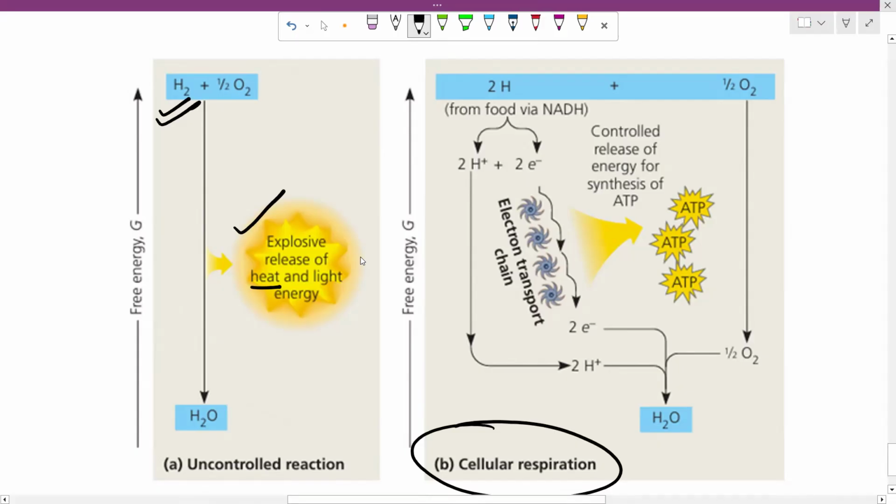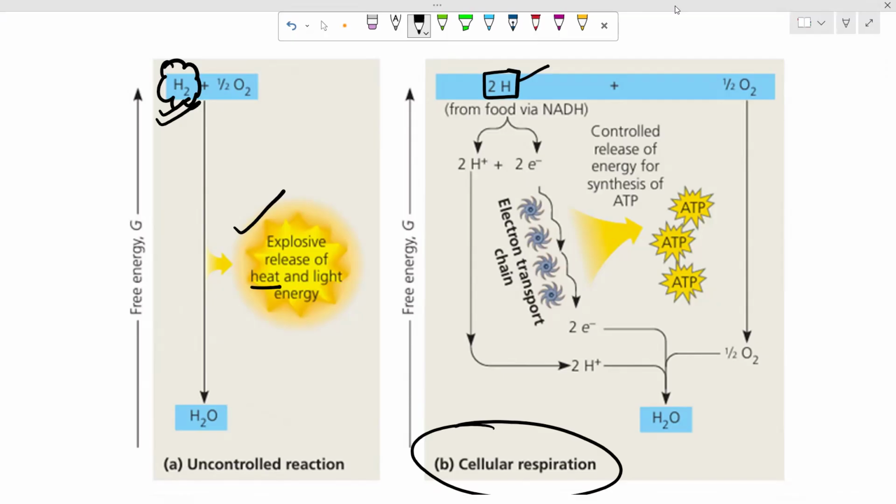First of all, hydrogen will be removed in the form of hydrogen atoms and not molecules. If you read the NCERT carefully, it says two redox equivalents in the form of two hydrogen atoms are removed from PGAL to form BPGA, meaning from phosphoglyceraldehyde to form 1,3-bisphosphoglyceric acid.